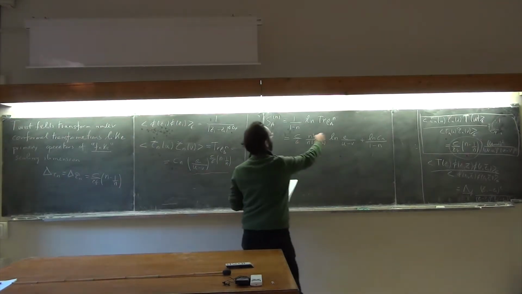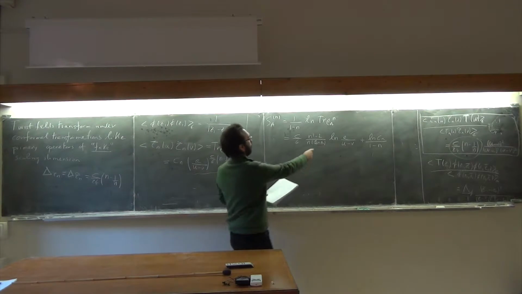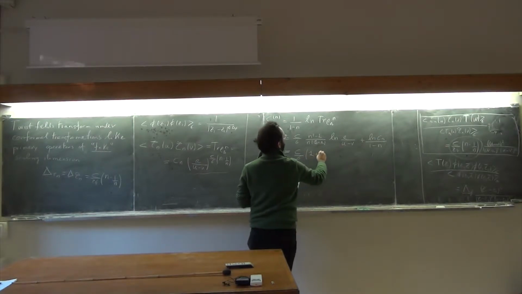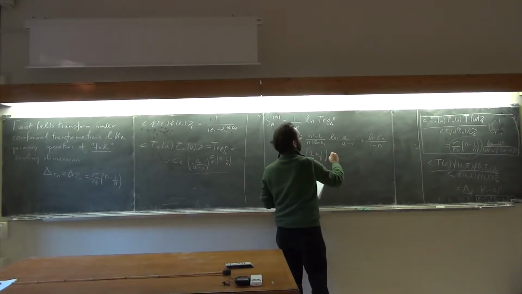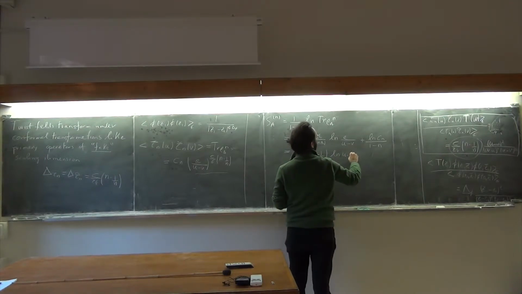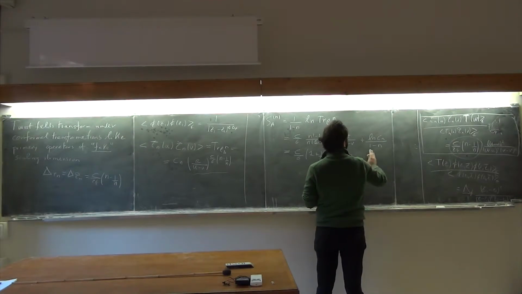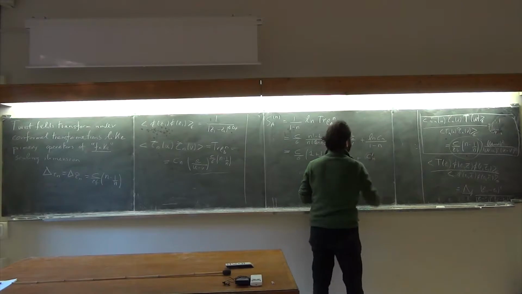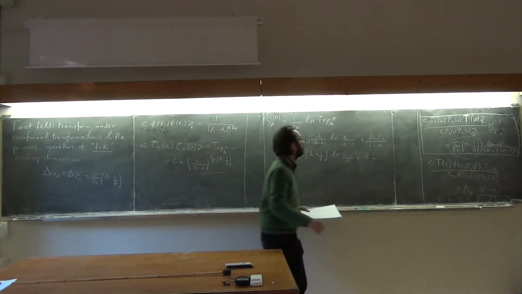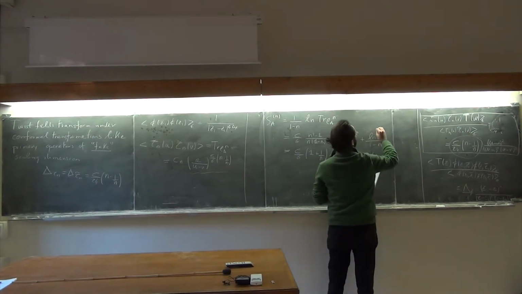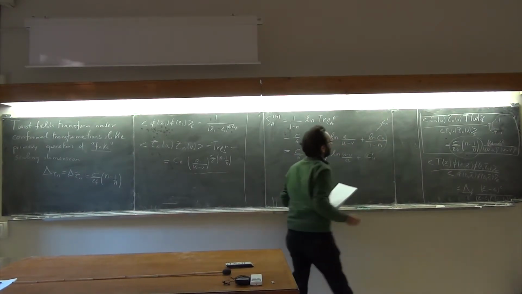Then if I just simplify 1 over n with 1 minus n here, what I obtain, and I invert that, is c over 6, 1 plus 1 over n, log of u minus v divided by a, plus, let me baptize this object c prime n. It's not the derivative. It will coincide with the derivative for n equal to 1, but let's just call this ratio c prime n.